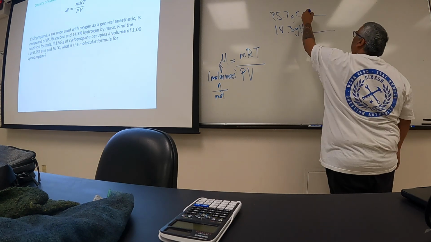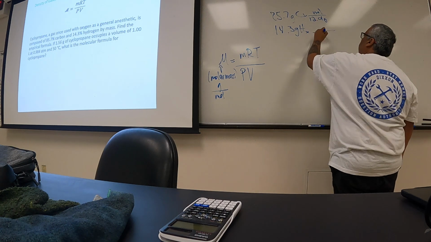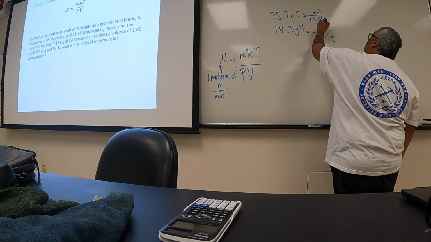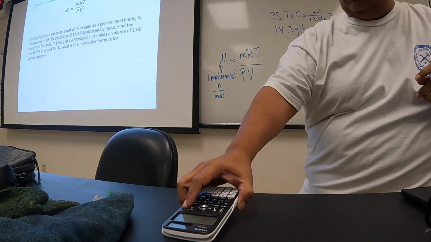We're going to convert these into moles. So carbon is 12.01 grams per mole. Hydrogen is 1.01 grams per mole. And let's consider what these moles are.